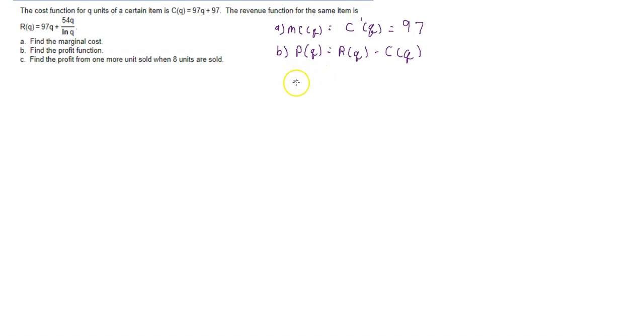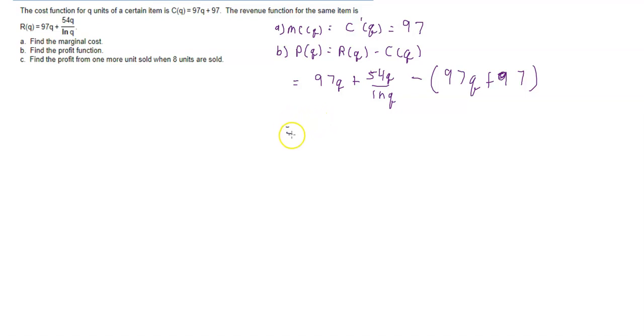So this becomes 97Q plus 54Q divided by natural log of Q minus, I'm going to put this in parentheses, 97Q plus 97.